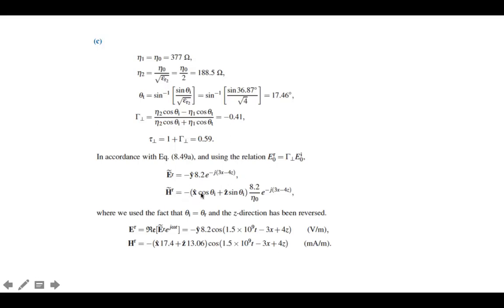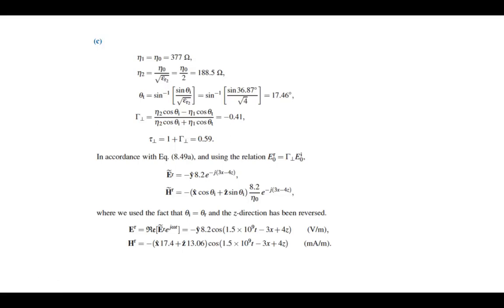Then H we get from the previously derived relationships, taking k cross E, and so we get this expression for H, 8.2 over eta naught, and then once again in the reflected wave, the z direction H component is also traveling in the forward direction. So plugging everything in for H, we get the following expression for H reflected.